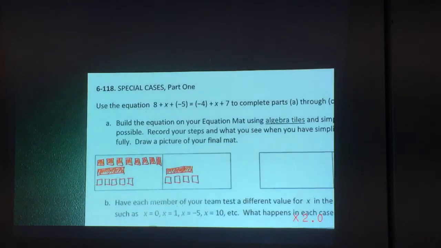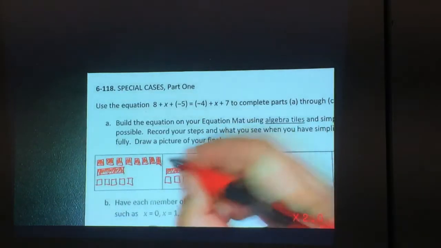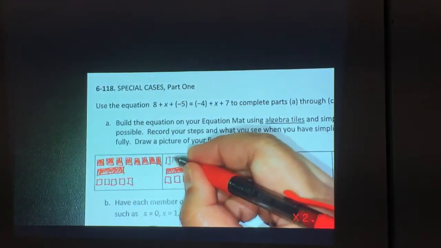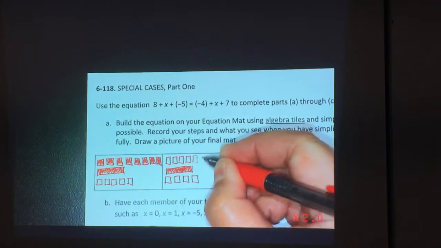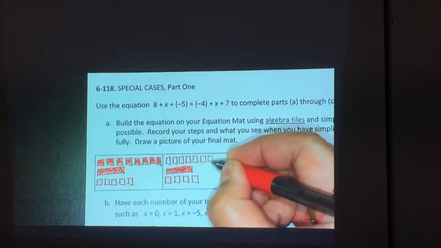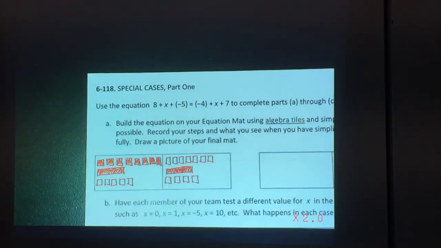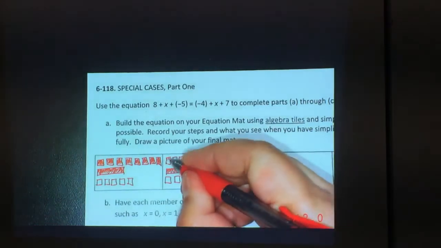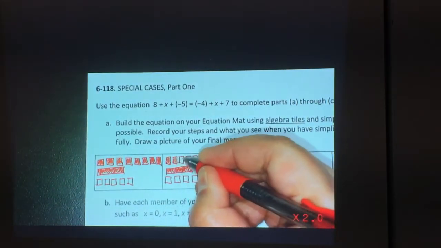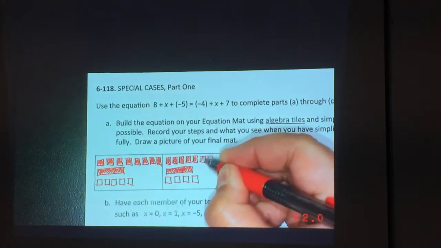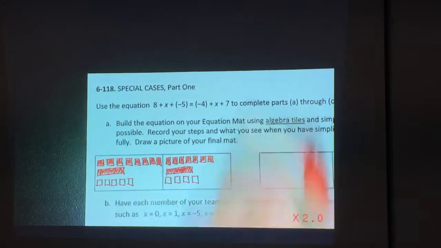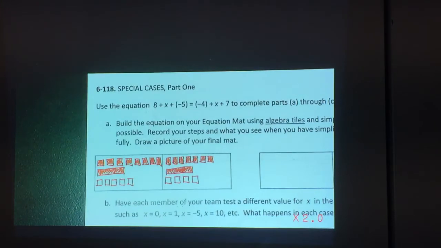And then 7 positive. 1, 2, 3, 4, 5, 6, 7. What did I forget? I forgot to shade them. All right.